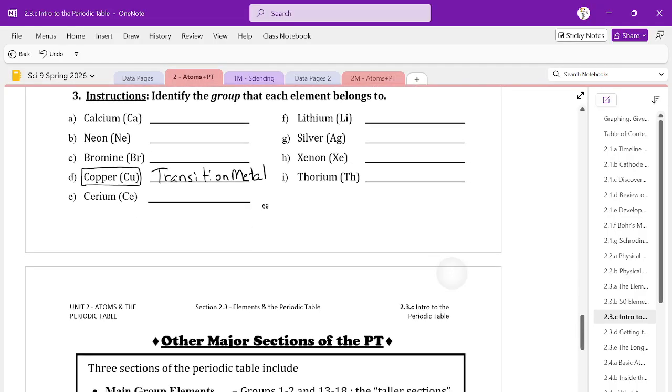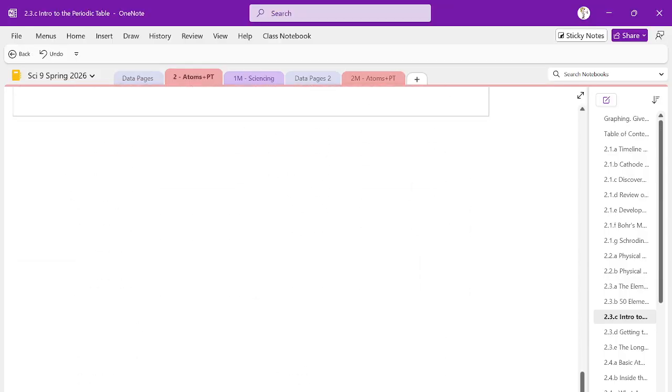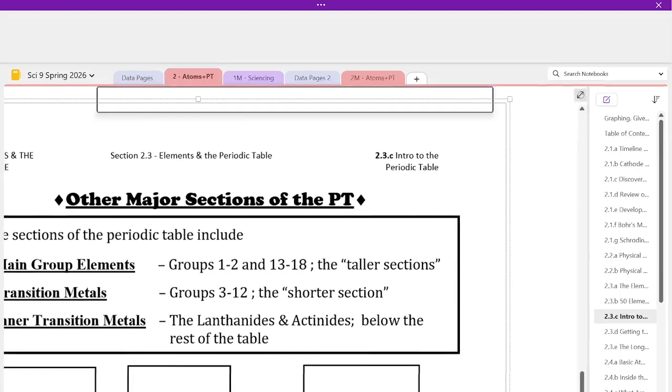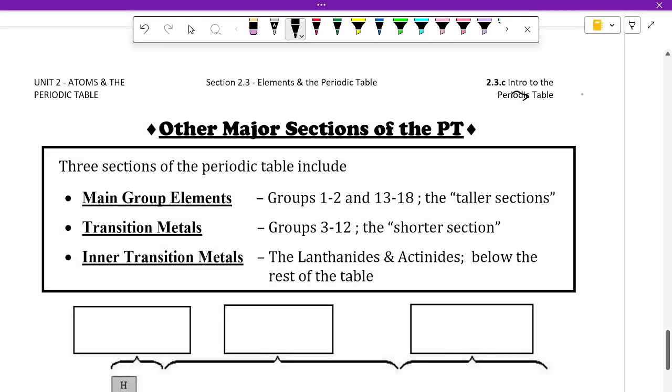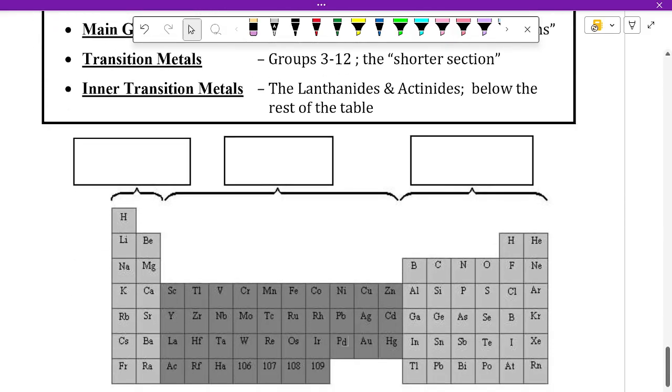All right, and then finally, I think this is finally on page 70. There's another way of organizing the groups. And these are sort of bigger categories, okay?